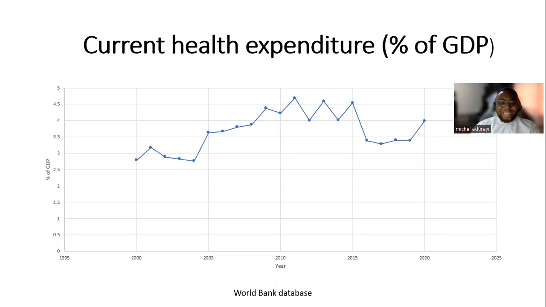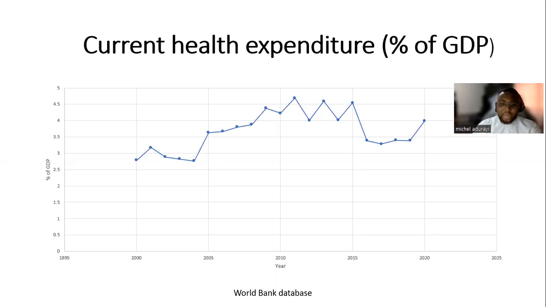This data is from the World Bank. If we are dedicating less than 5% of our GDP to healthcare expenditure, then how are we going to develop as a nation? How are we going to develop our healthcare system? How are we going to bring up new infrastructure that can make our healthcare facilities efficient? That's the problem we are facing now.